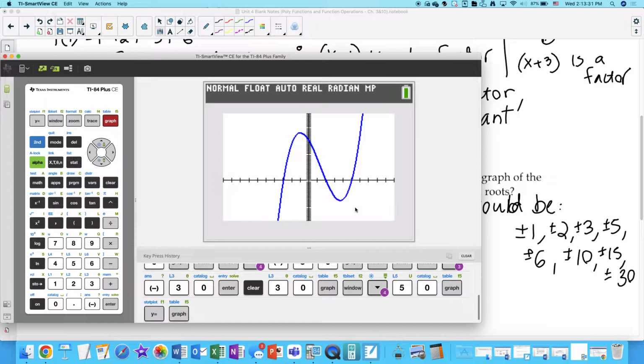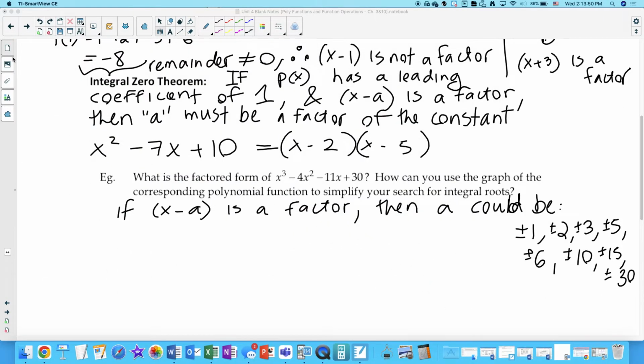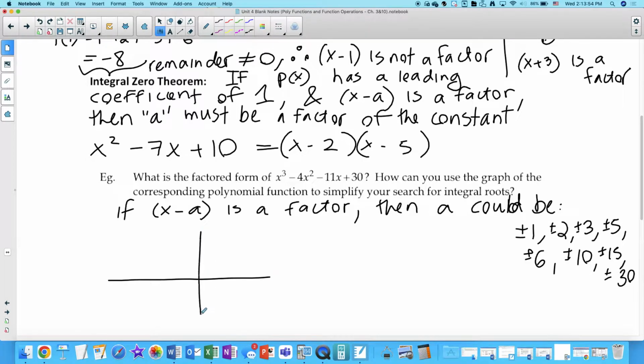If they happen to be irrational and off a little bit, when you test those values, you'll figure that out anyway. But from this graph, it looks like we've got a root at negative 3, a root at 2, and a root at 5. So I'm just going to do a rough sketch of that. It was negative 3, 2, and 5.